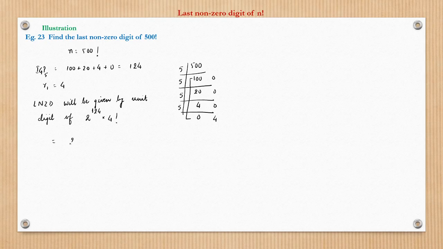So see, 2 raised to power 124 into 4 factorial, and we know that 2 has a cyclicity of 4, and the remainder also is in the form of 4 into 31, right? So 2 raised to power 124 ends at the fourth power, right? So this will give a unit digit of 6.